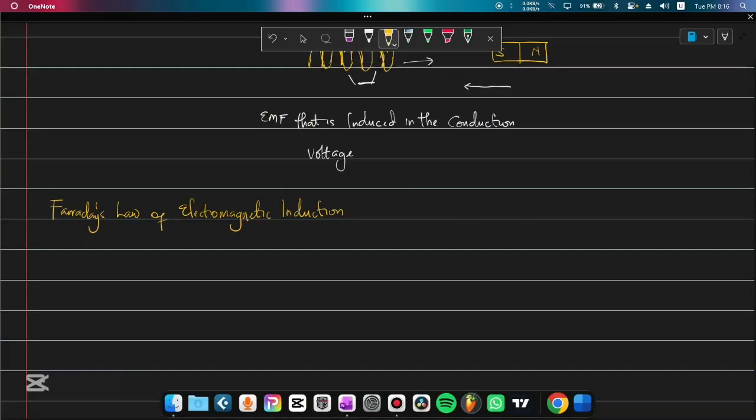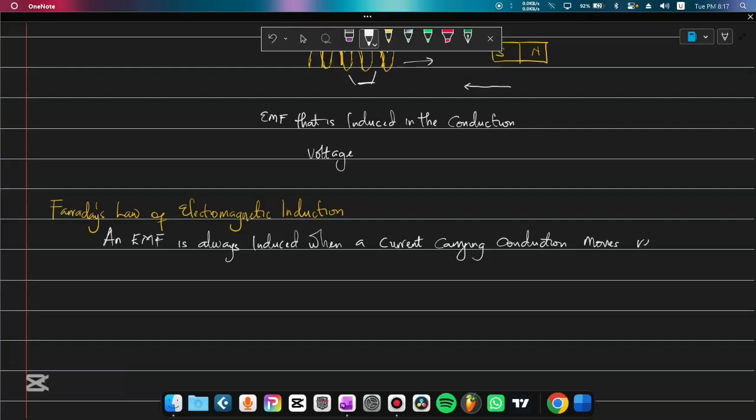The law states that there is always an induced EMF. An EMF is always induced when a conductor or a current carrying conductor moves relative to a magnetic field.